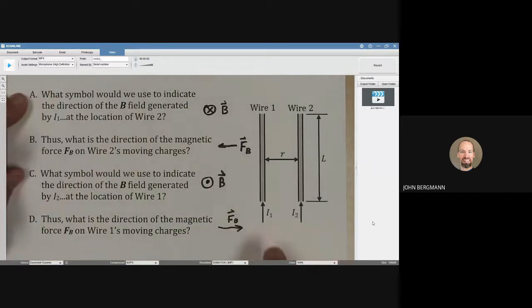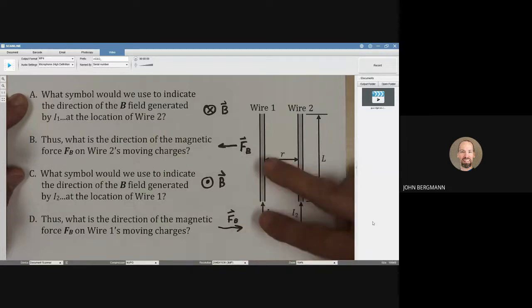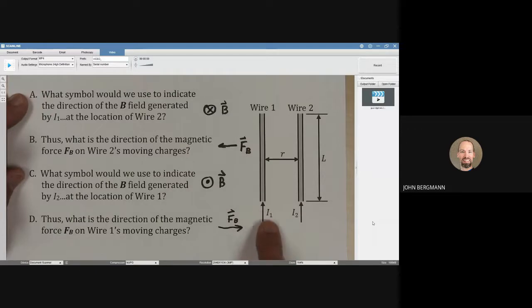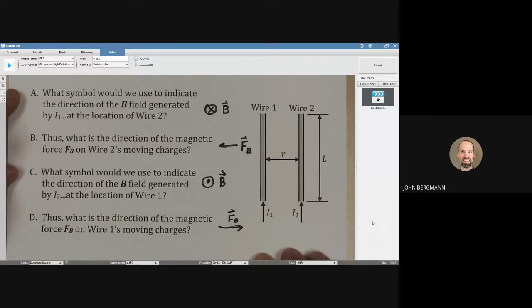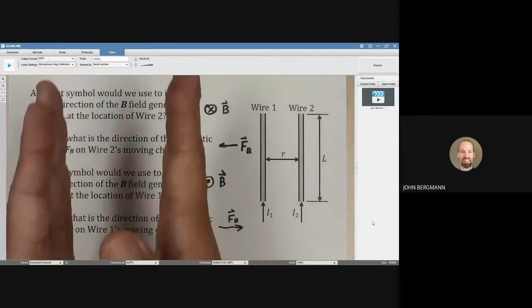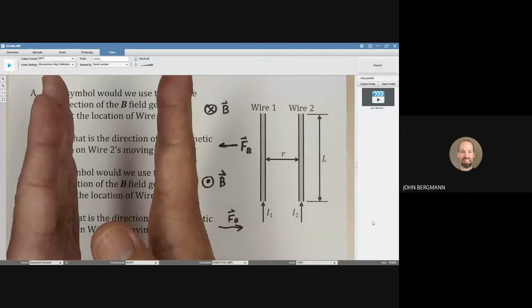So you can see that when the wire currents are going parallel to each other in the same direction, it's going to be an attractive force. See that? They're going to pull towards each other. And if one of the currents were going opposite, then it would be a repulsive force. It's an easy way to remember. If the currents are going with each other, they're going to attract.